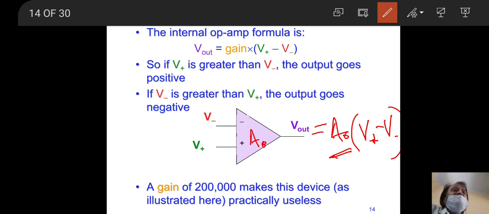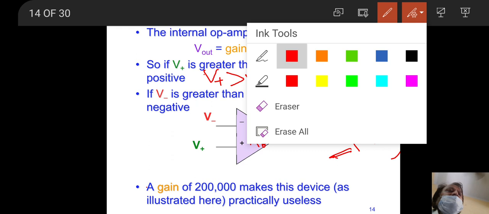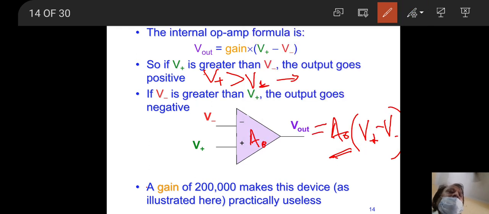So if V positive is greater than V negative, what is the condition? V naught is positive. And if V negative is greater than V positive, then V naught is negative.